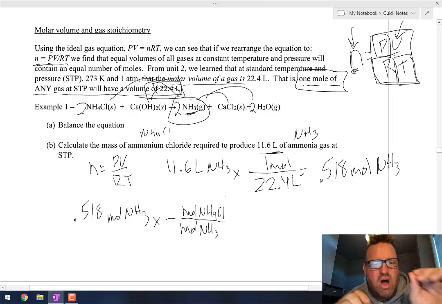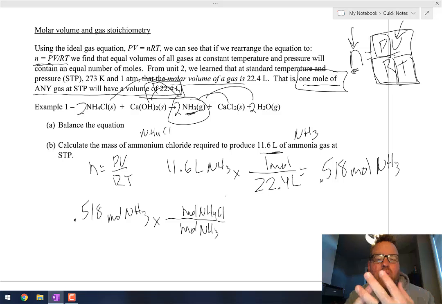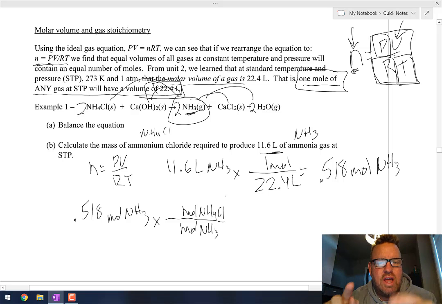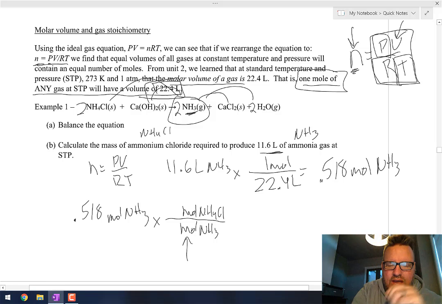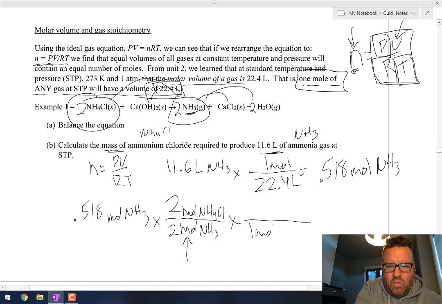But the key to all of these, whether you start with grams, whether you start with concentration and volume, or whether you start with the volume of a gas, is you have to get to moles. Stoichiometry does not work if you aren't in moles. You cannot do this step with anything other than moles. Okay, so my moles of NH3 are 2. My moles of NH4Cl are also 2. And since they're asking for the mass, I'm going to put 1 mole of NH4Cl on the bottom.